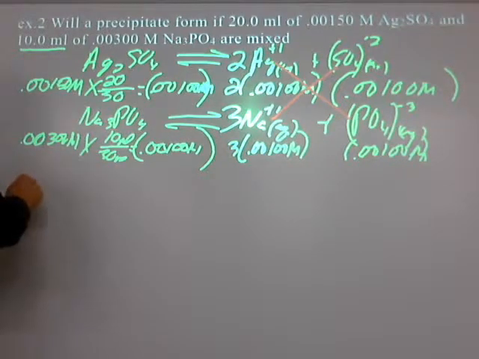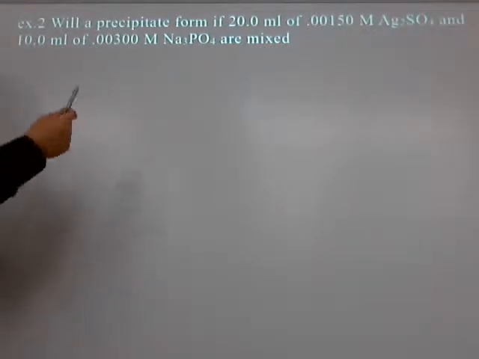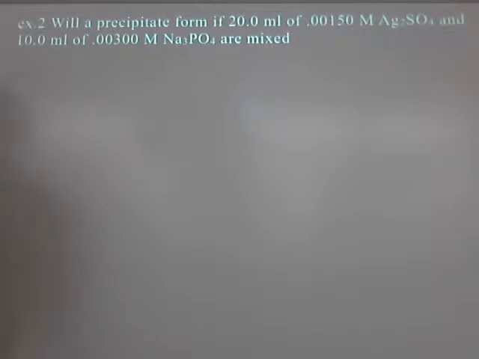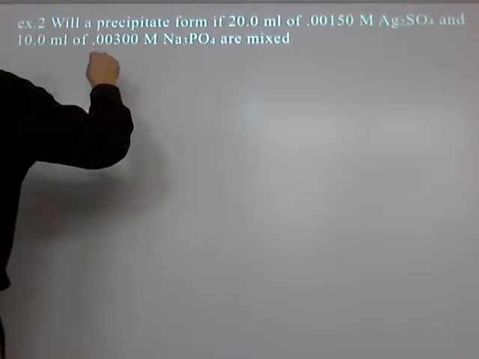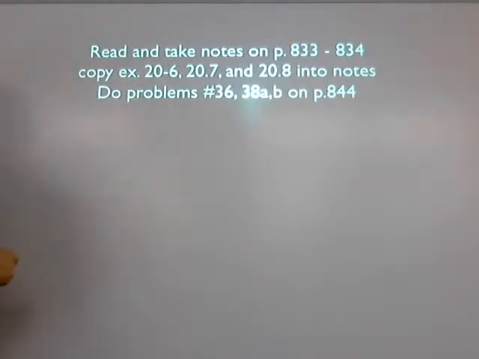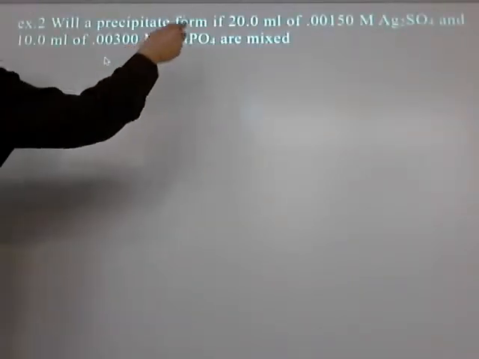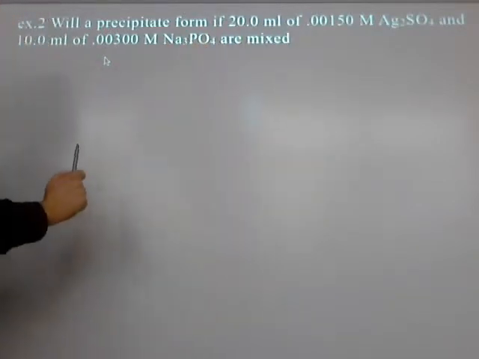Oh, I didn't mean to erase the whole thing. That was stupid. Oh well. I'm not going to rewrite all of that, but basically, the guy who I have a Ksp for is the silver phosphate, right? Yes.